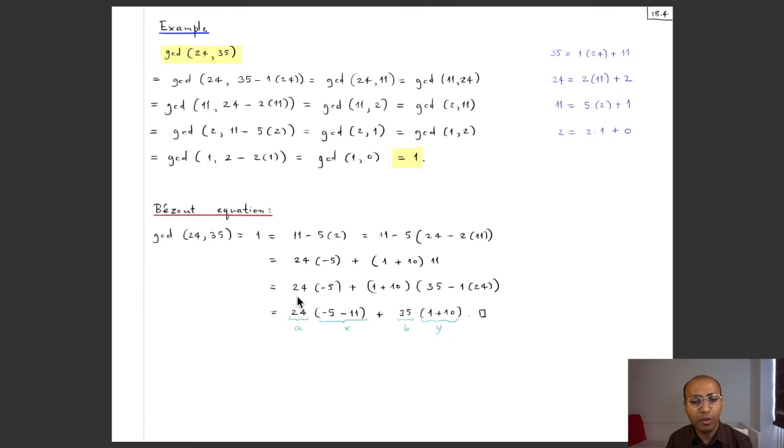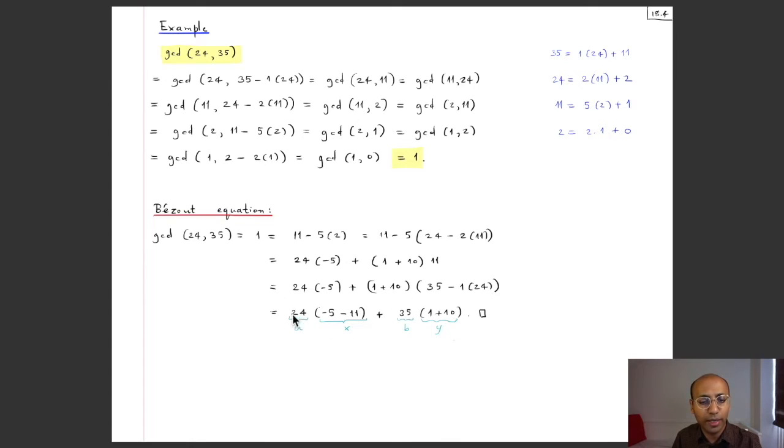And now we have got our numbers. We have 24 and 35 appearing, and so we collect out all the terms containing 24 and all the terms containing 35. With 24 I get minus 5, and then 11 times minus 1, so you have minus 5 and minus 11. And with 35 I get 35 times 1 plus 10.